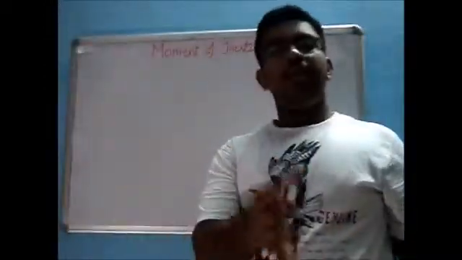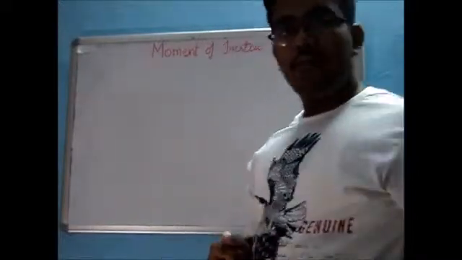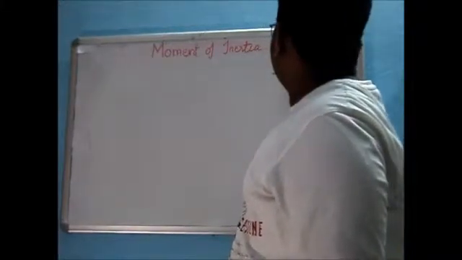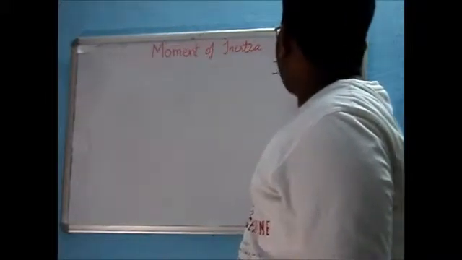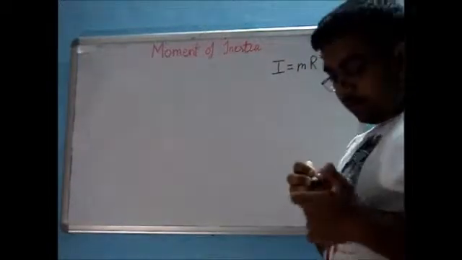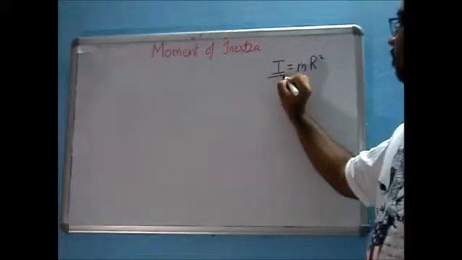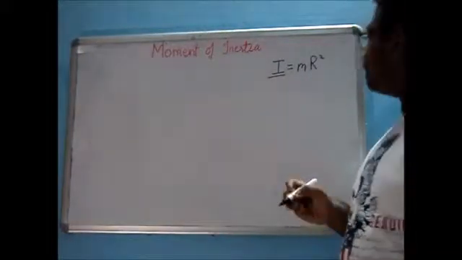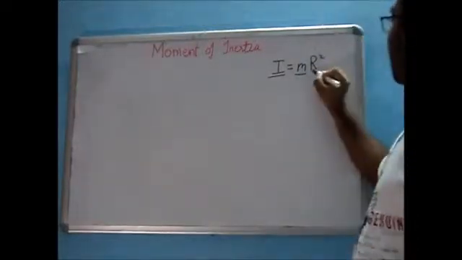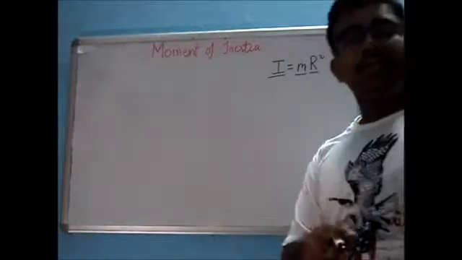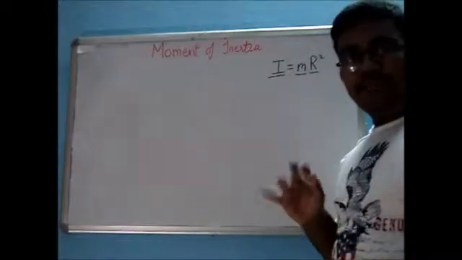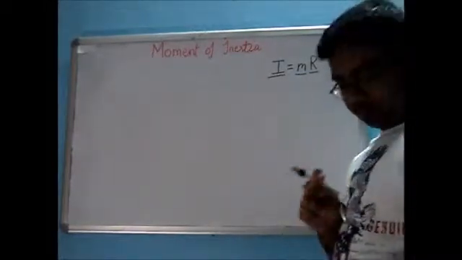Now moment of inertia can be found out by I equals m r square, where I is the moment of inertia, m is the mass of the particle, and r is the radius between the particle and the axis of rotation.